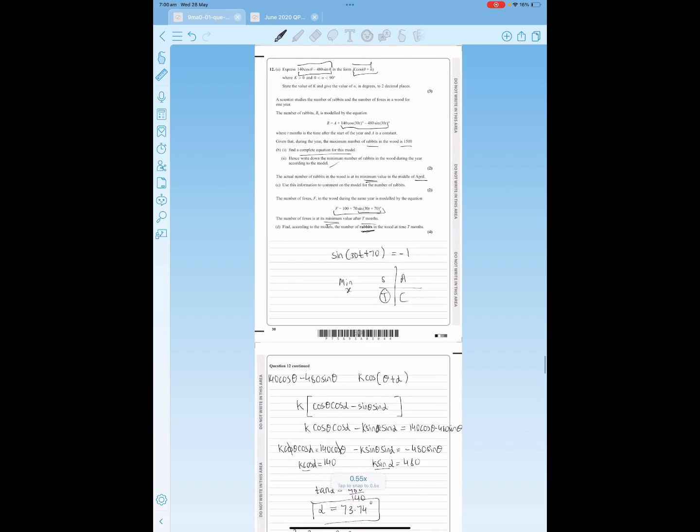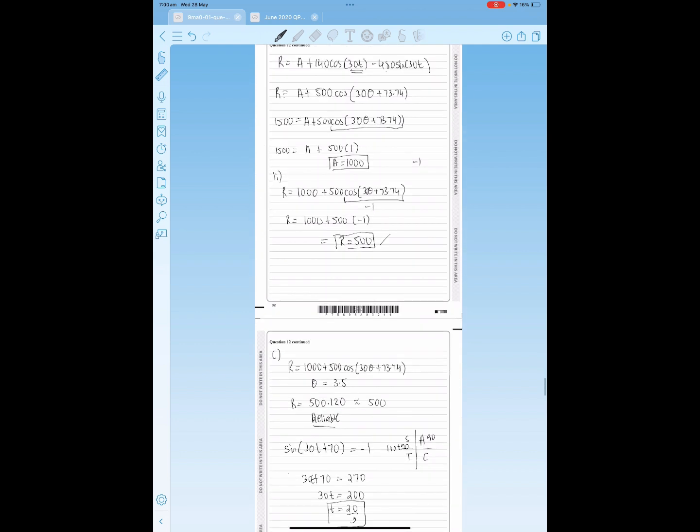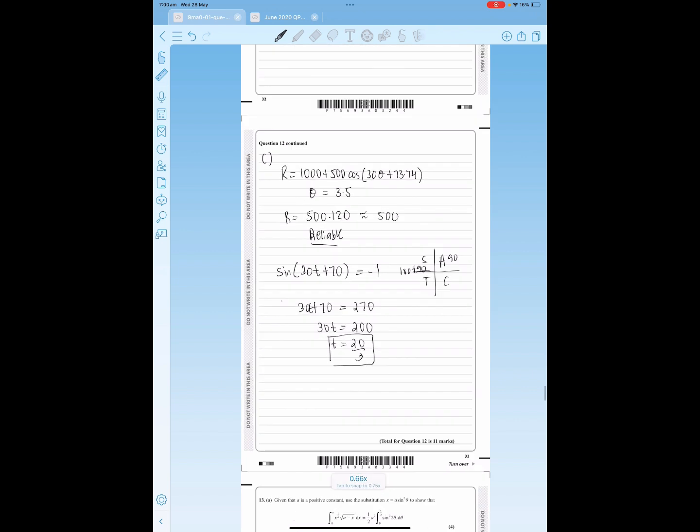Now, we just got the value of t, and we still need to find the number of rabbits at that time. We found the time when the number of foxes is at its minimum value. So we can just plug the value of t directly into this equation and see what we get. So where's our final model? Here it is.